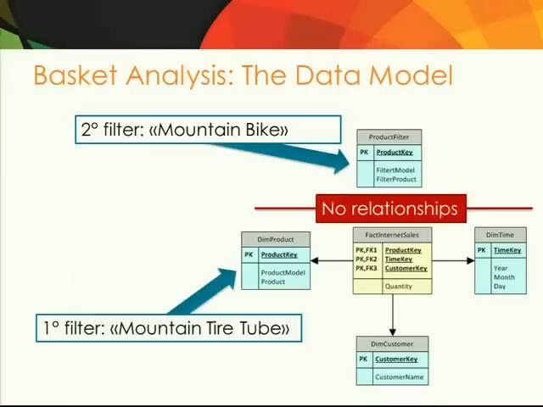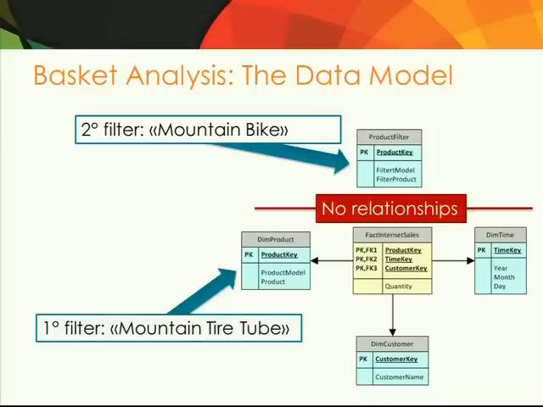And then I will need to create a formula that computes the value I want. Okay? This is the reason why there is a dimension called product filter, because I need to filter 2 different products in 2 different ways that do not interact with each other.